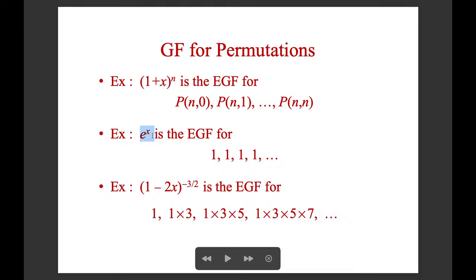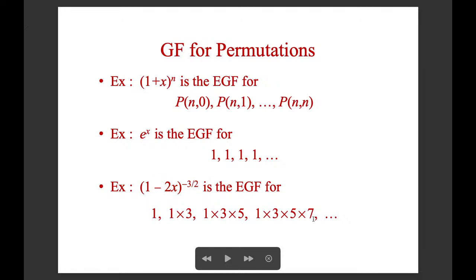What is e to the power x? If we expand it, it is 1 plus x plus x squared over 2 factorial plus x cubed over 3 factorial and so on. This is the exponential generating function for 1, 1, 1, 1, 1, 1, 1. And interestingly, this one is the exponential generating function of a very strange sequence: the first term is 1, then 1 times 3, then 1 times 3 times 5, then 1 times 3 times 5 times 7, and so on and so forth.